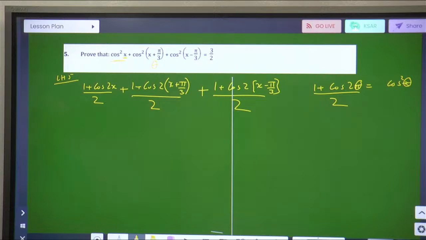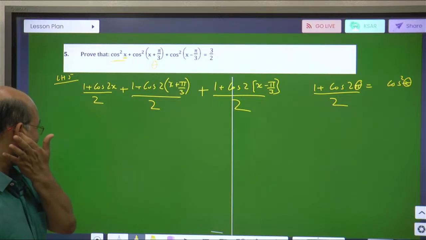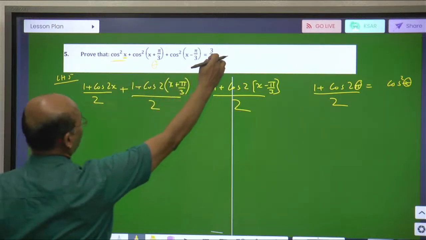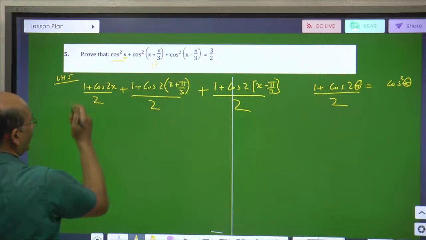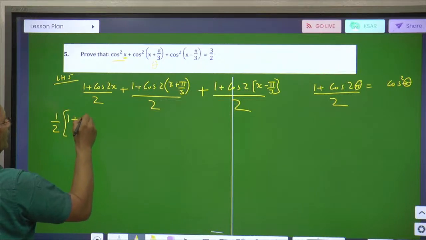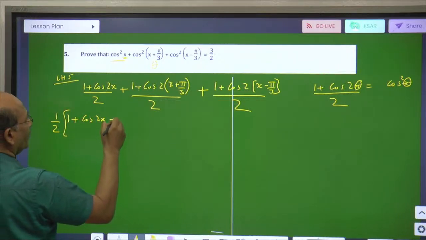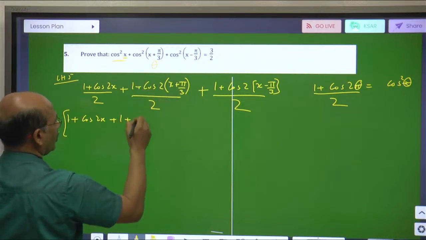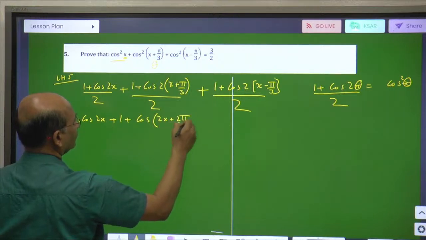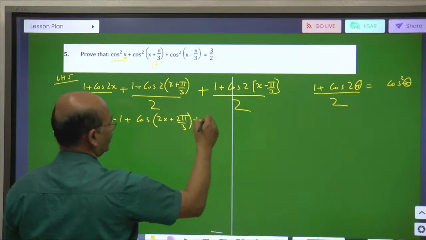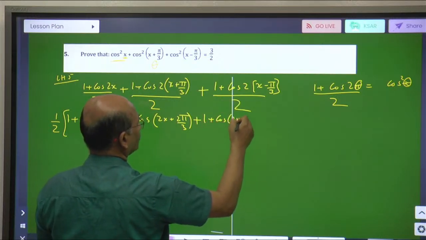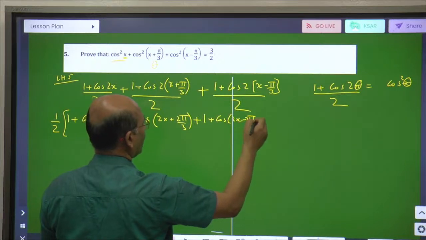Now once you finish with this, you have to think properly. This 2 in the denominator I can take out. See, this is a number which has come, that is, it has been taken common outside. So this 1 upon 2 I can take out and see what is left. This will be 1 plus cos 2x, plus 1 plus cos of 2x plus 2 pi by 3, plus 1 plus cos of 2x minus 2 pi by 3.